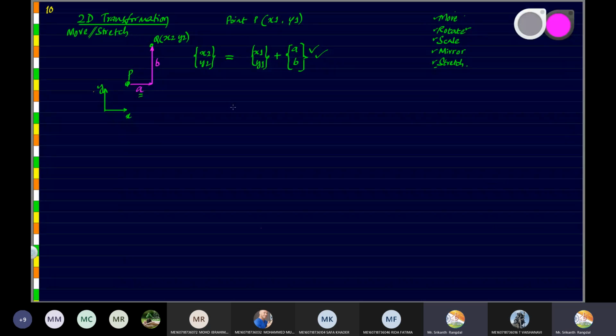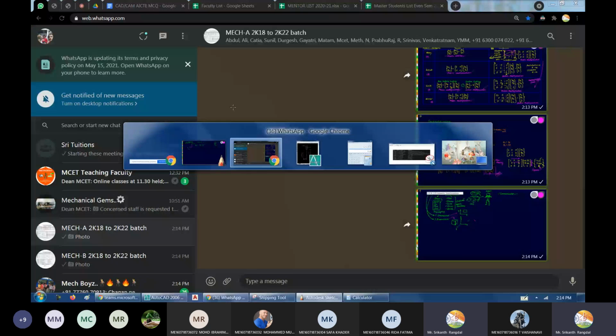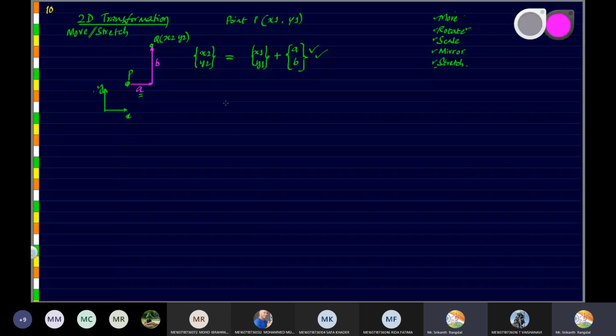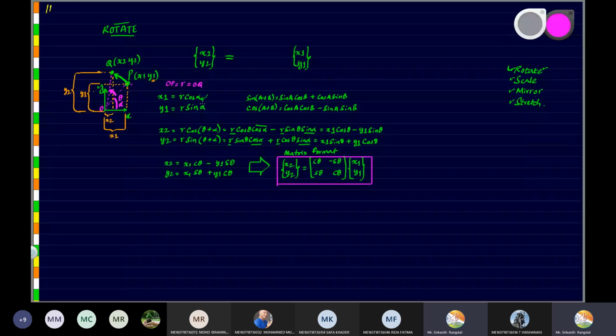In fact, we will come back to the same slides in the next class. And in the same slides, we will write down the formulae for three-dimensional transformations. That's why I've left so much space at the bottom.